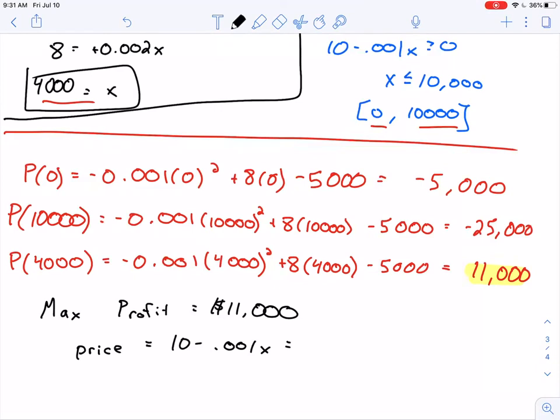X is always the x value that yielded that maximum, so here it's x equals 4,000. So 10 minus 0.001 times 4,000 should give me, I should charge $6.